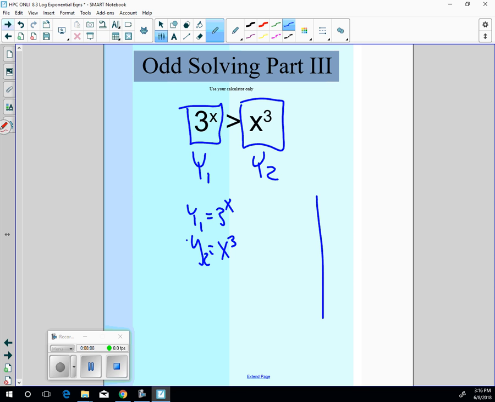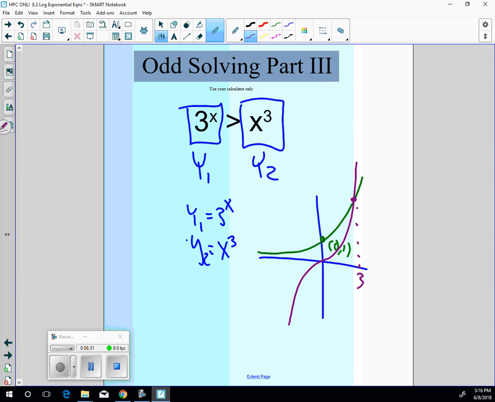We could sketch this one pretty easily. Here's 3 to the x going through 0, 1, and here's x cubed going through this point, which I think is 3, because 3 to the third equals 3 to the third.